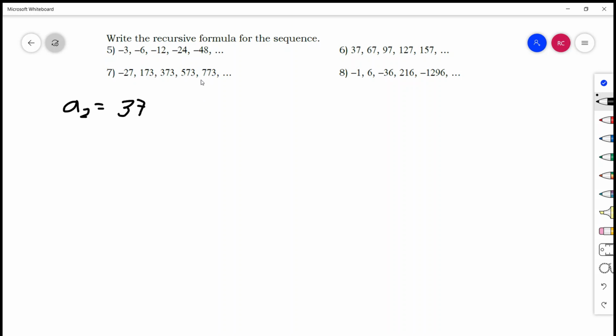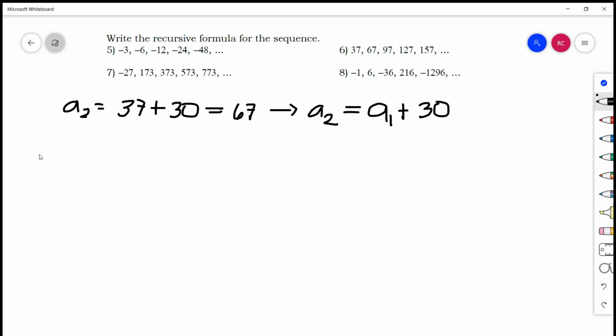So what will you do to make 37 at 67? So we will just add 30 and this becomes 67. Okay, or we can rewrite this one as a sub 2 is equal to the first term, a sub 1 plus 30.